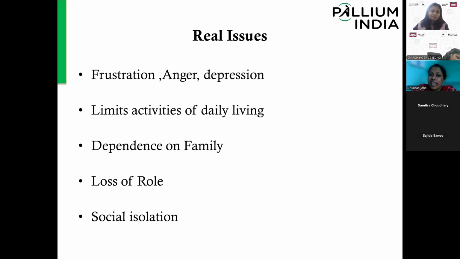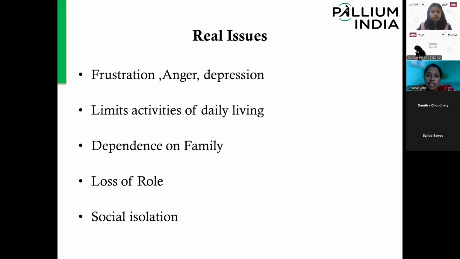The real issues patients with breathlessness face are frustration, anger, and depression. Why is the patient more frustrated? The patient is not able to go for any job, not able to go for any social functions, not able to do their ADLs independently. So this will cause frustration, anger, and sometimes depression.